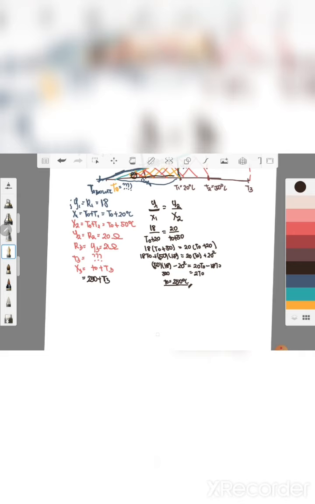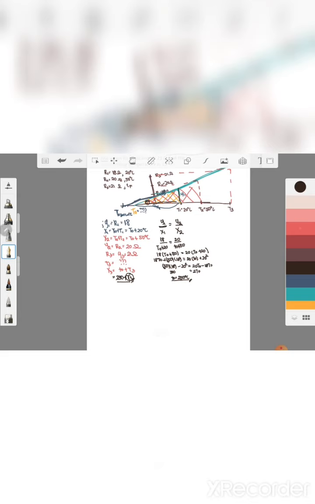Tama ba? So, since may 250 plus T3 tayo, we are now ready to solve for our T3. Solving for T3. Okay. Ano next na gagawin natin? I-relate na lang natin ulit siya.